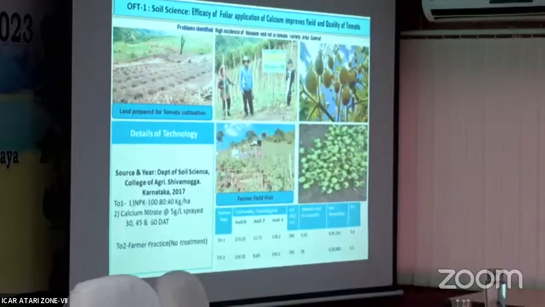Here we use calcium nitrate at the rate of 5 grams per liter at intervals of 30, 45, and 60 days after transplanting, and we even applied NPK at the rate of 180:80:40 kg per hectare. Here, soil fertility status was higher in technology 1, and blossom end rot percentage also got reduced. Net returns and BC ratio were also higher in treatment 1 against treatment 2.